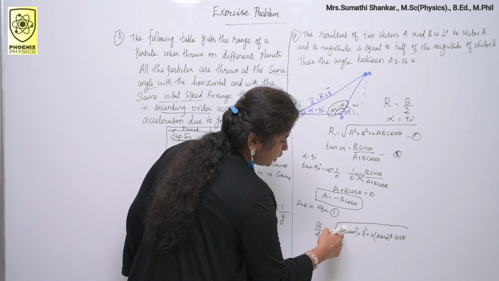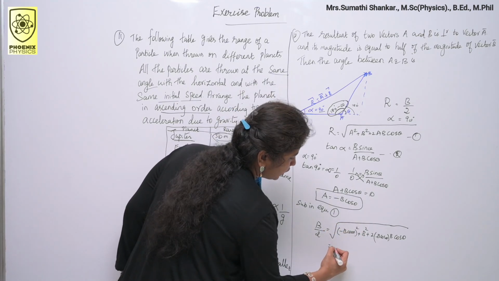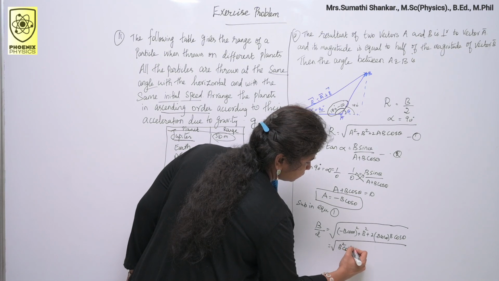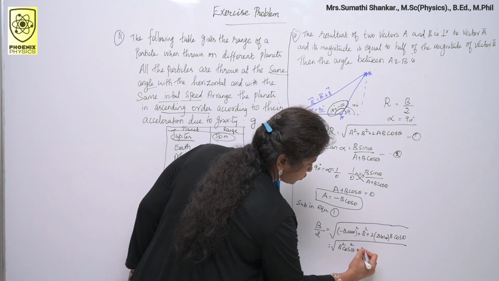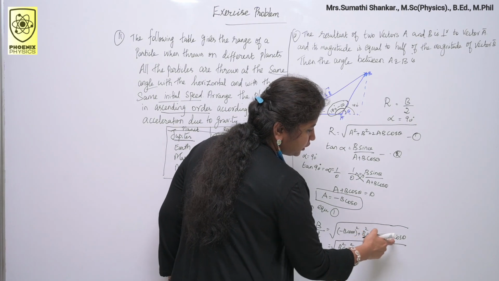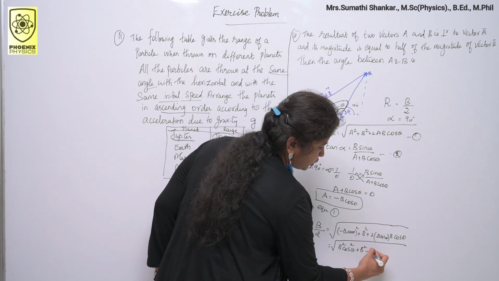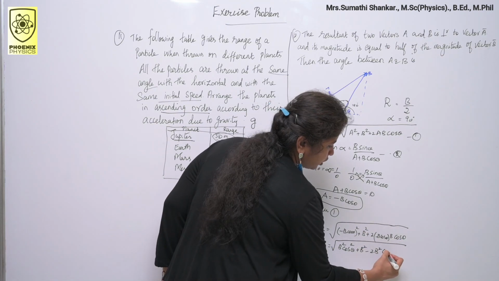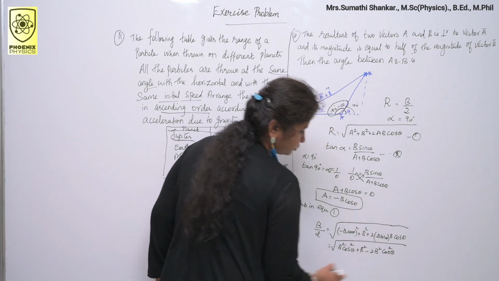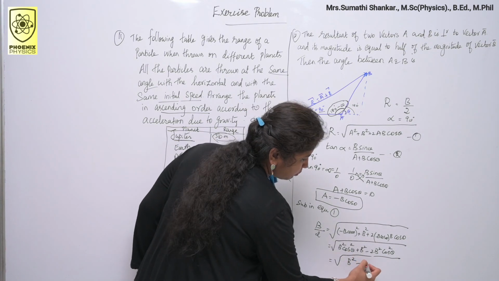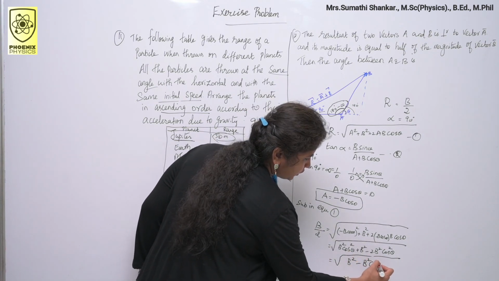Minus B cos theta whole square means B square cos square theta plus B square. Here minus B into B, that is minus 2B square cos theta into cos theta, cos square theta. Just add these, and you get minus B square cos square theta.